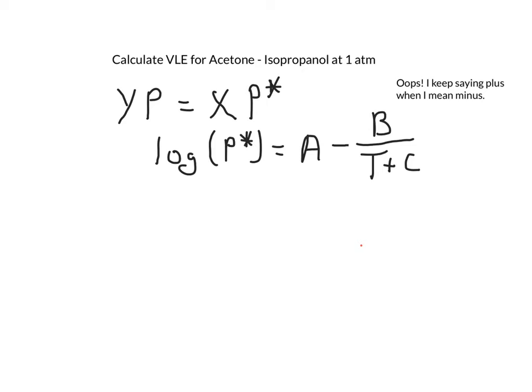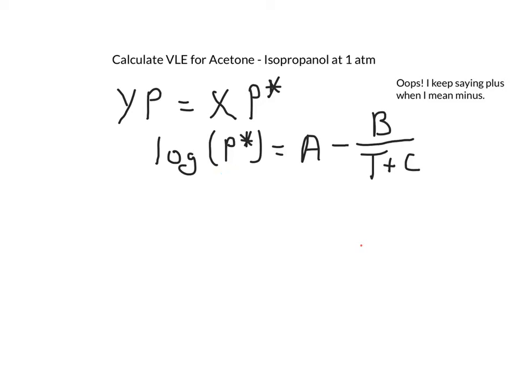You have to pay attention to the units used in this equation. The constants in the appendix of Felder and Rousseau use the temperature in degrees C and the vapor pressure in millimeters of mercury.